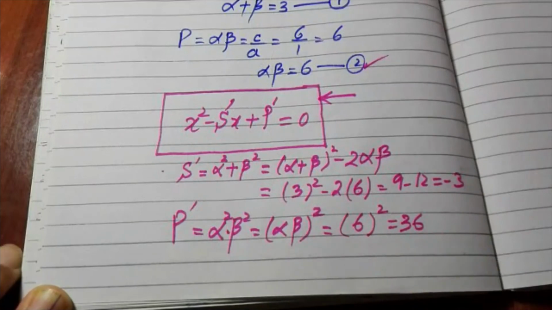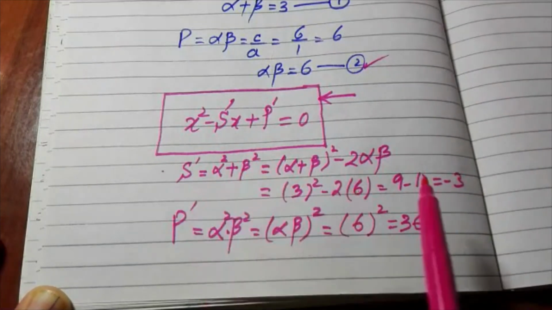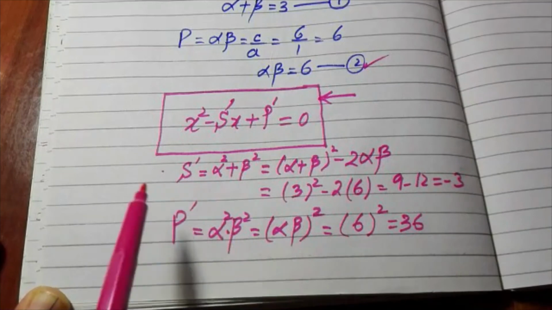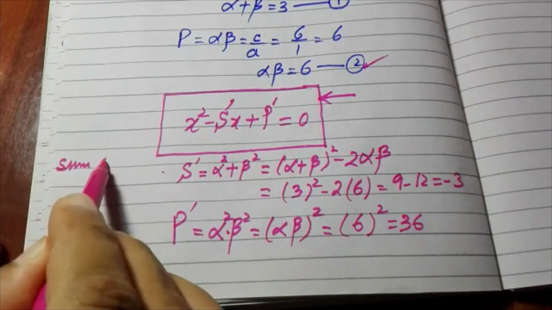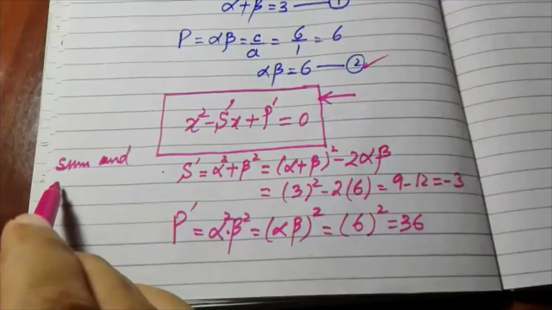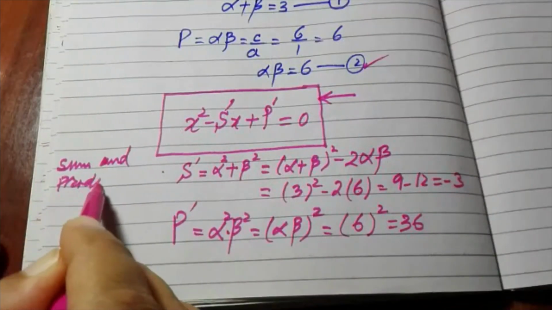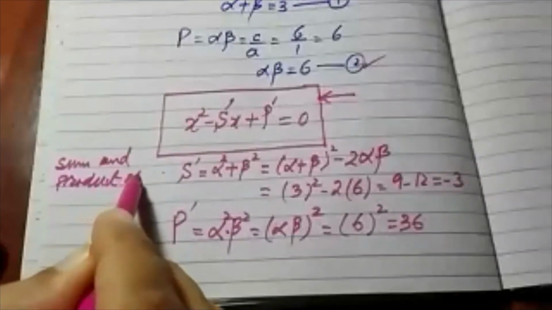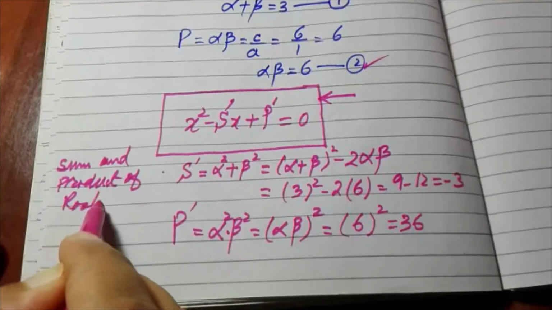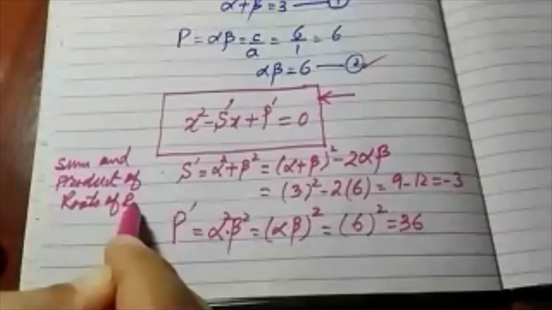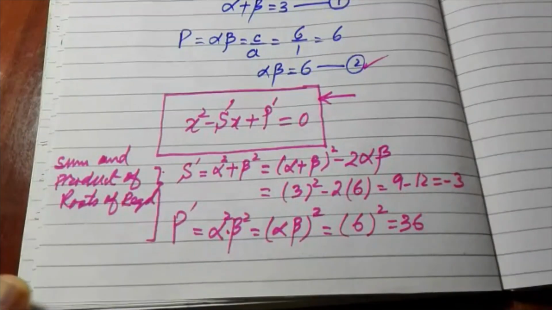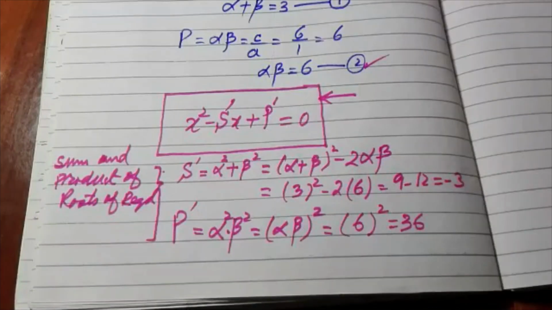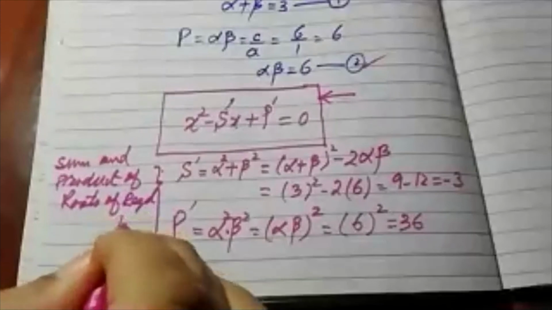So we have calculated two values: the sum of roots and the product of roots of the required quadratic equation.